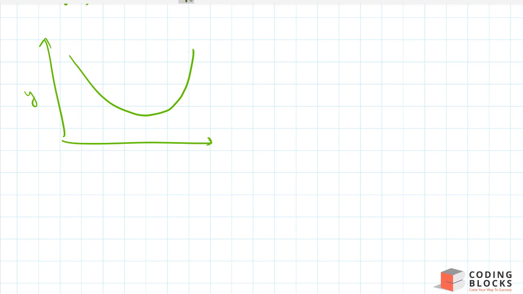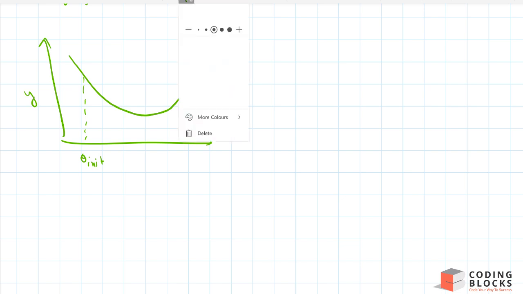So what we will do is start from a random theta, let's say this is theta init, and we will go in a direction which minimizes this function. So we have to move towards this point.